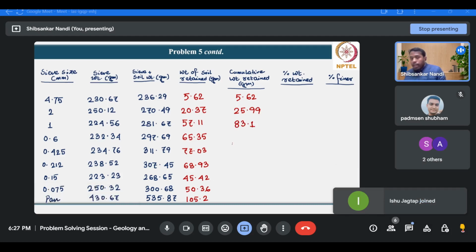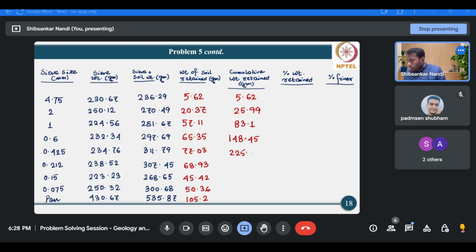Okay. So similarly, I am writing here. 148.45, then 225.48, then 294.41, 339.83, then 390.19, and finally 495.39.